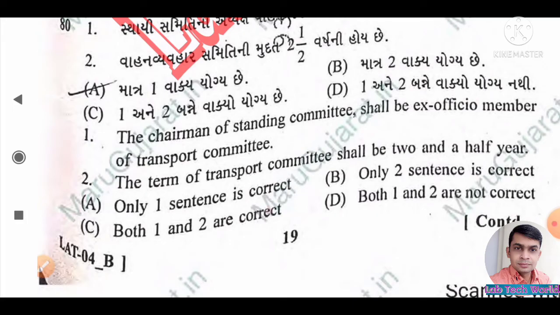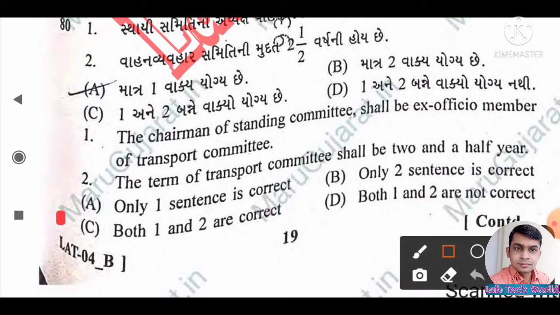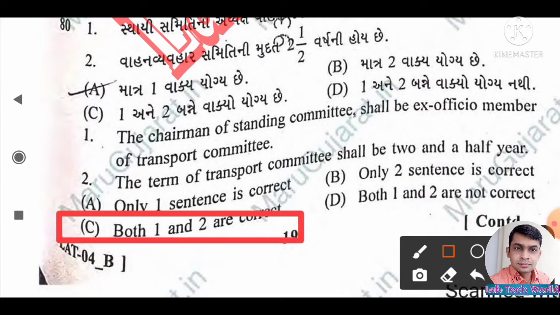Options: A, only the first sentence is correct; B, only the second sentence is correct; C, both 1 and 2 are correct; D, both 1 and 2 are not correct. The right answer for this question is option C, meaning both statements are correct.